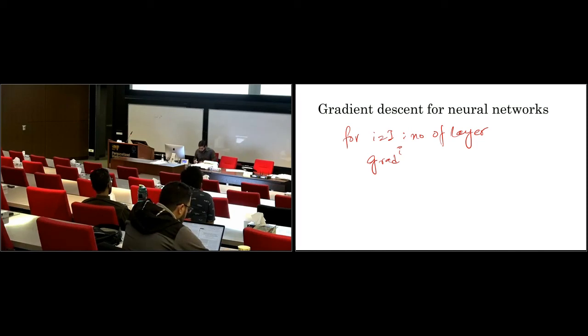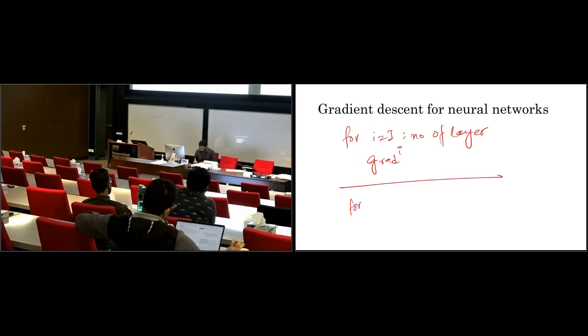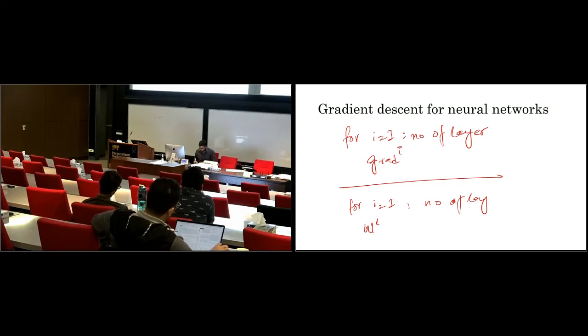Okay, so I have to do this first. When this loop finishes, I would write an update loop. So I would say for i equal to 1 to number of layers, do this update: weight i at t plus 1 is equal to weight i at t minus gradient i times some factor alpha. Okay?